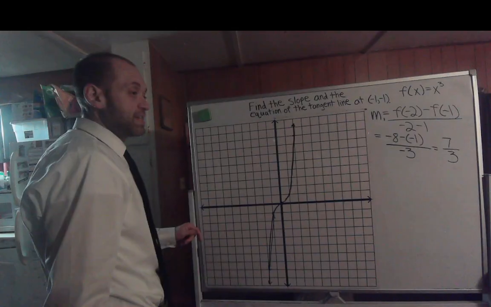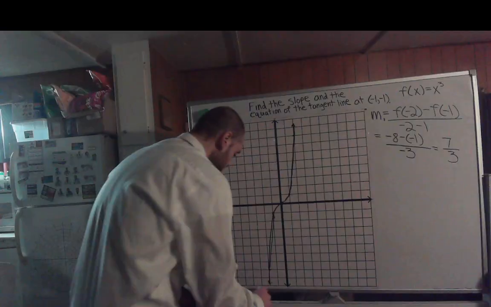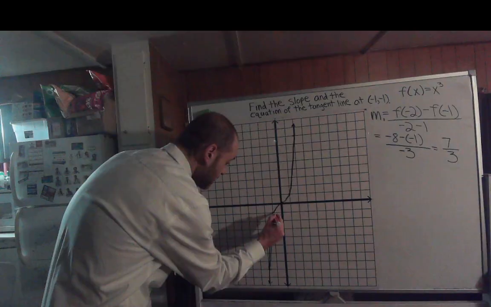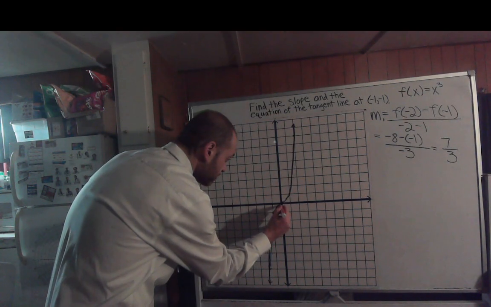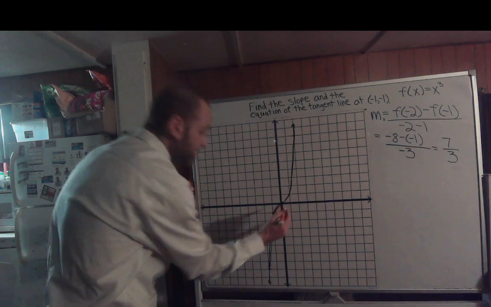Well, the exact same distance would be at x equals 0, wouldn't it? So let's go from -1 to 0. That'll connect 2 points on the curve. So there's that secant line in red.